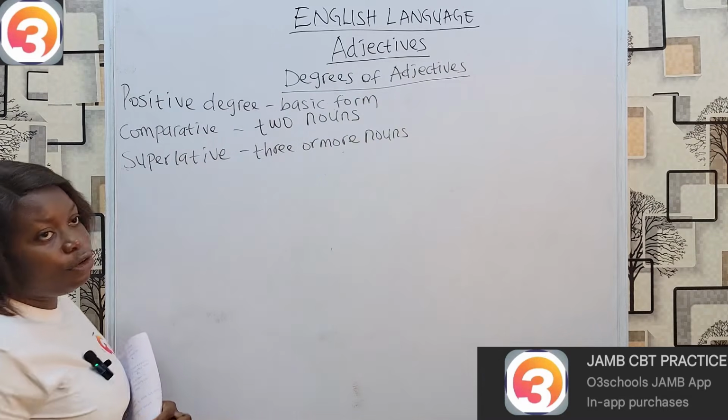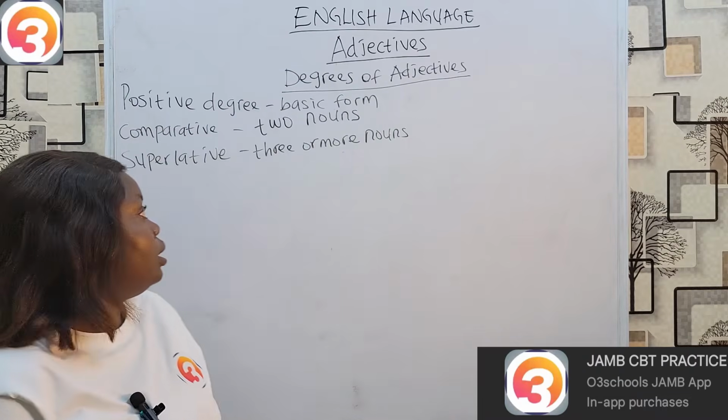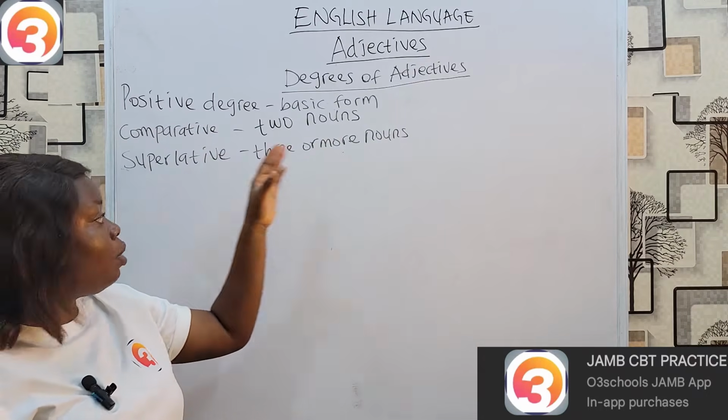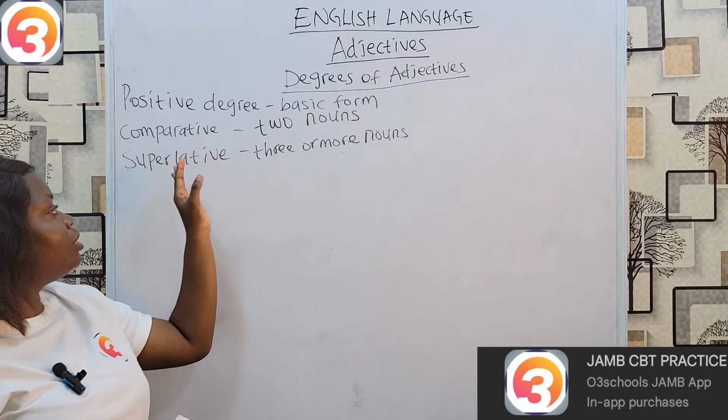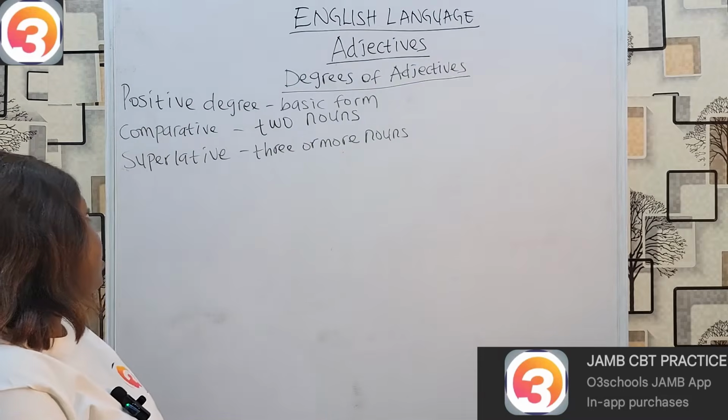The positive degree. She is tall. That adjective tall is in the positive degree. So we also have the comparative for 2 nouns, and the superlative for 3 or more nouns.